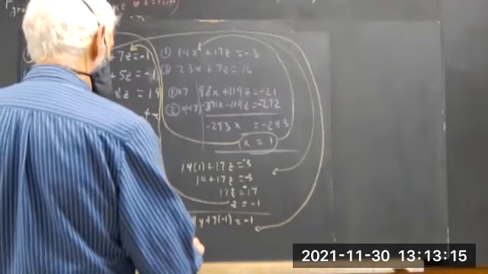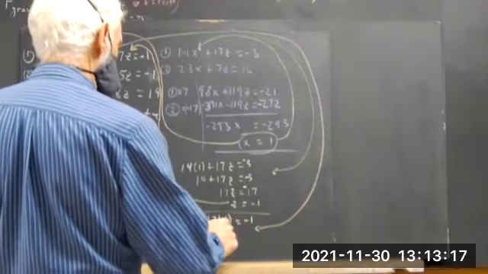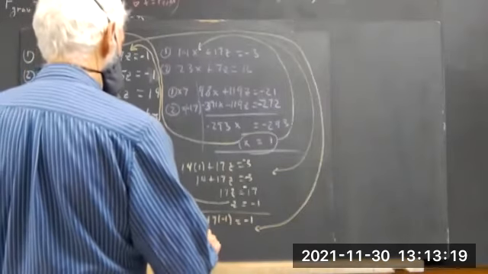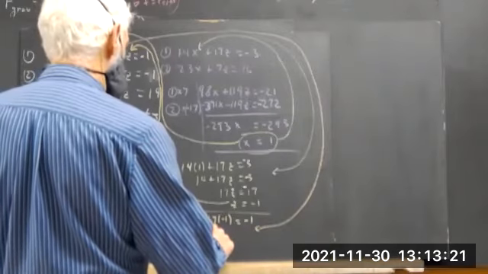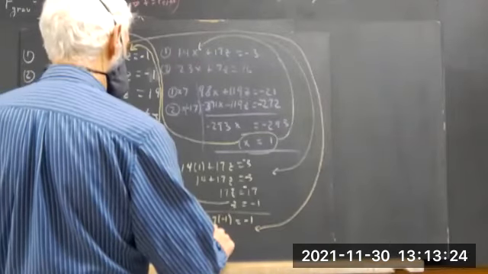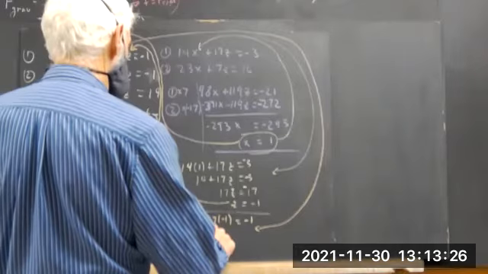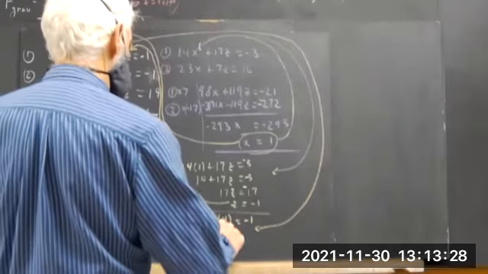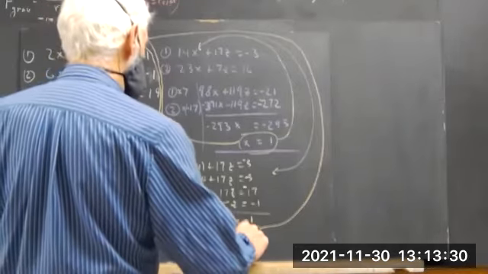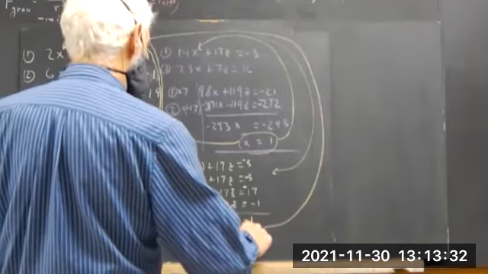That gives us 4 here, negative 14 here. We get 4y minus 3 equals negative 1.